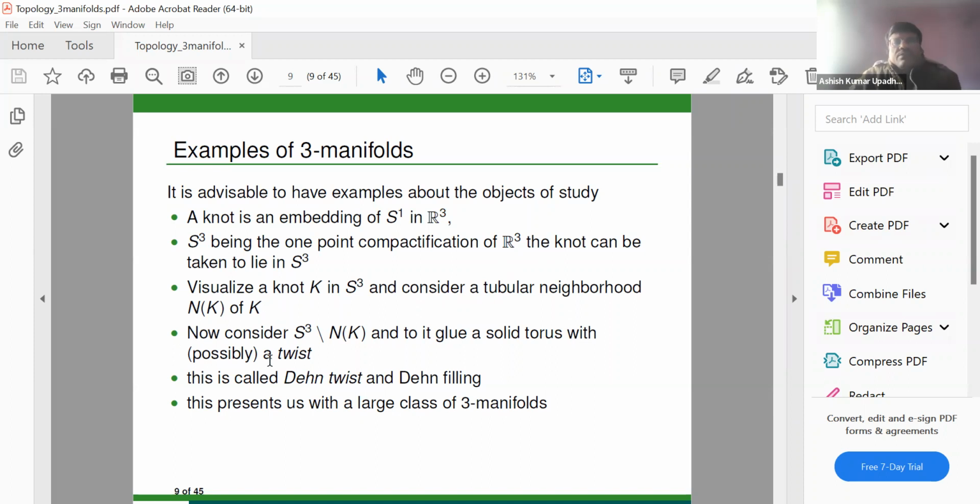Now, what we do is from S3, you remove this tubular neighborhood. Tubular neighborhood means this tube, actually removed from S3. It is important to visualize this, that from S3 we are removing this tubular neighborhood, and that will create a place, and the place can be filled by gluing a solid torus with possibly a twist.